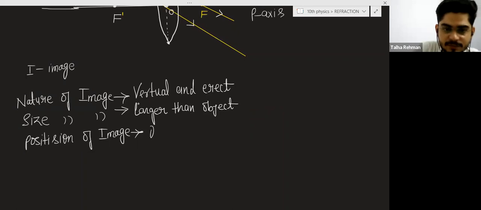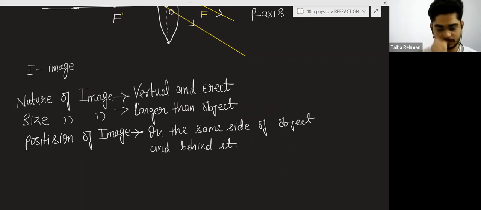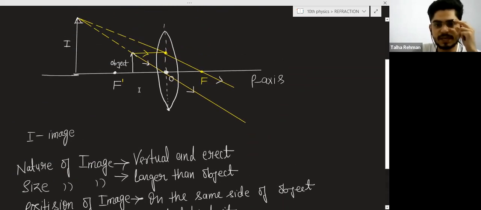You can write: on the same side of the object and behind it. These are the things you have to identify.